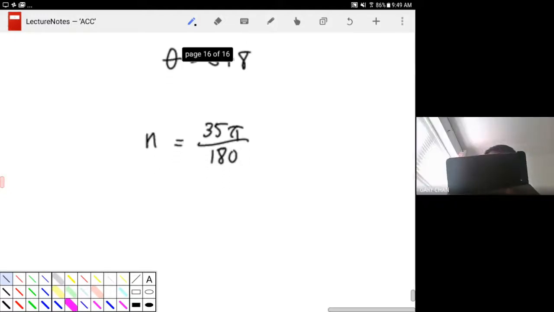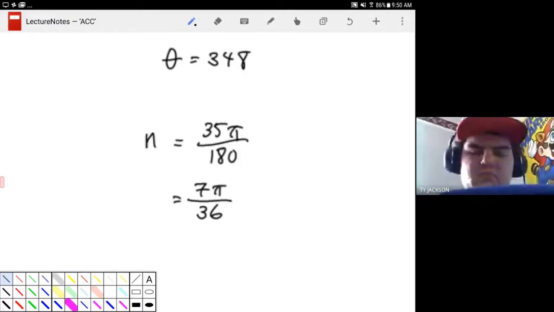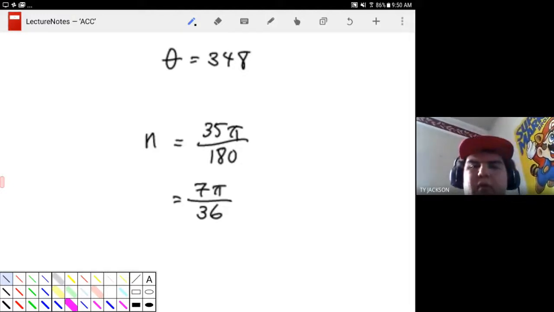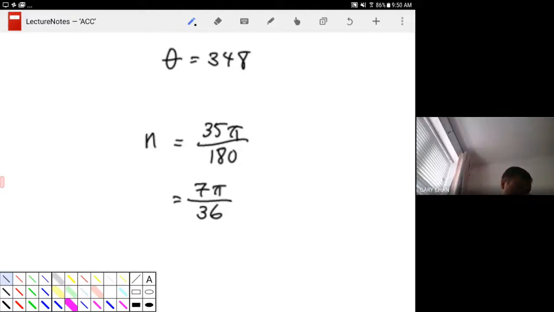Is there a common factor between 35 and 180? 5. Yes. So that's 7 pi over 36. That's the answer.